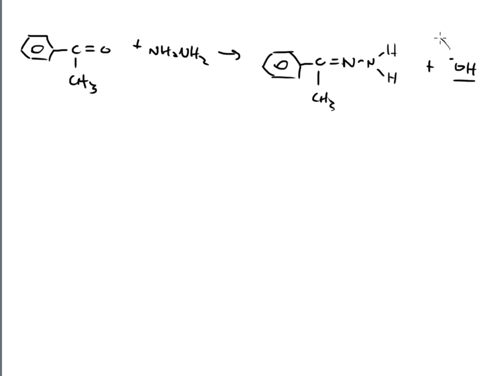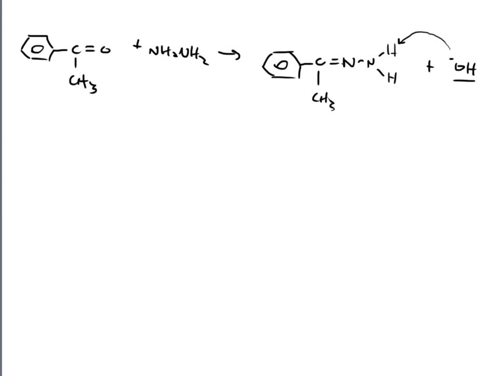So this base sees this proton and says, hey, nitrogen, you want to give me your proton? I'm sure you can find your way and do something in the molecule to make yourself happy if you do that. And the nitrogen says, you know, OH, I think I'll take you up on your offer.